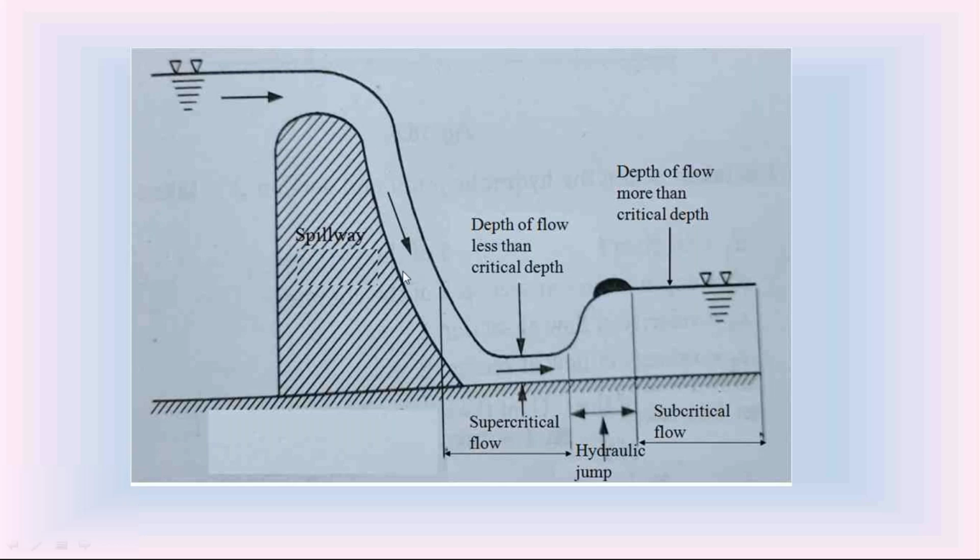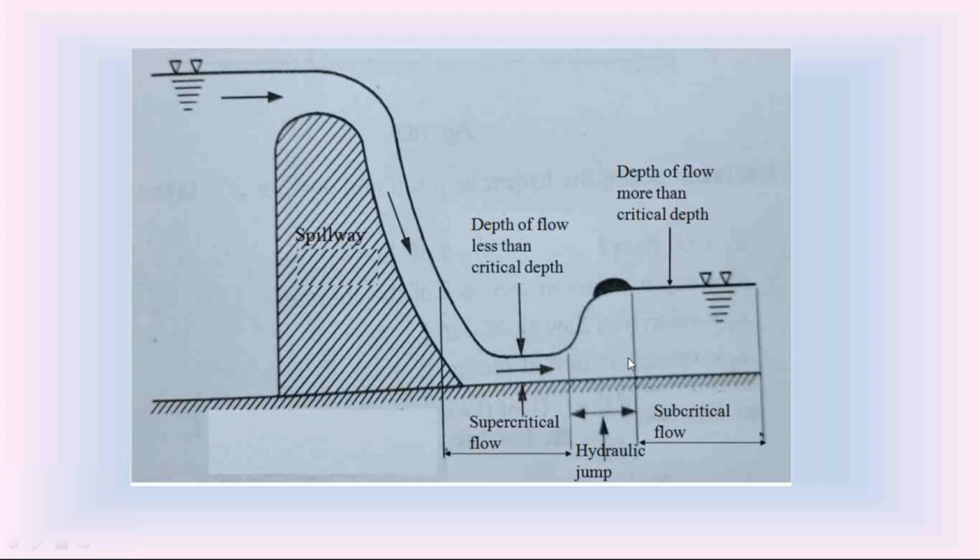So at the bottom of the spillway, the water flow with large kinetic energy is hitting the water flow with lesser kinetic energy because of the transformation. Once the water flow with large kinetic energy is transformed into water flow with lesser kinetic energy over this small distance, that change happens. In this small length of channel, the water flow changes from supercritical condition to subcritical condition.